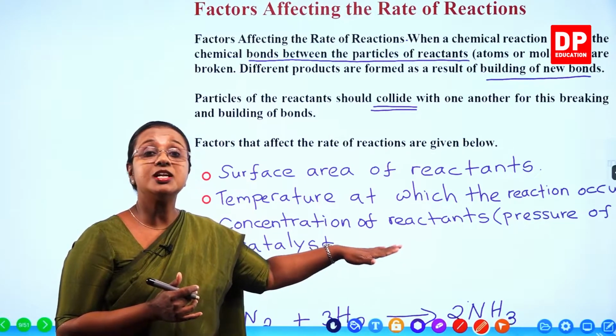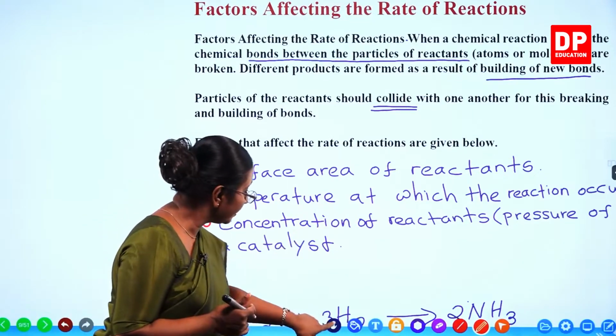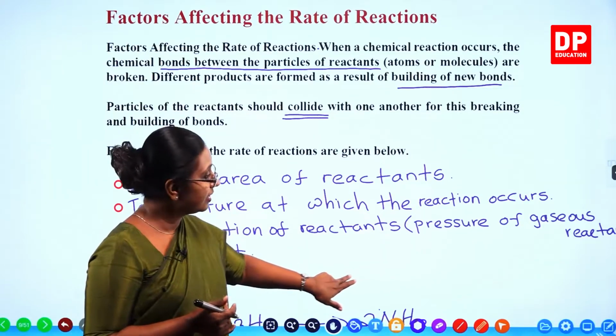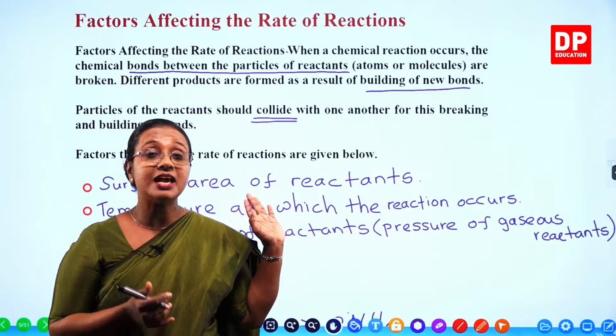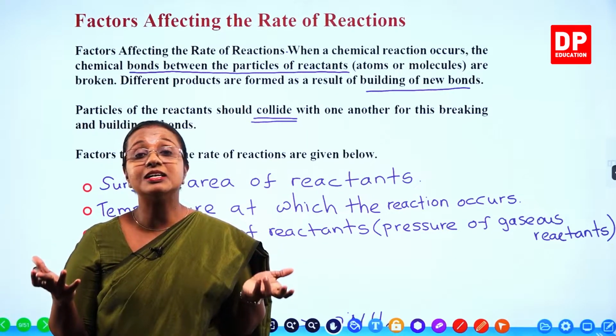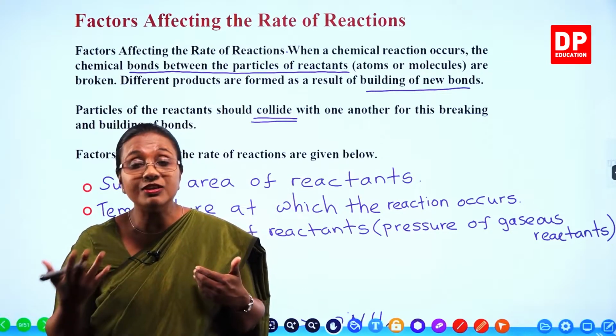Now, this is for solutions. When we say concentration, it's for solutions. But when it is a gaseous reactant, for example, nitrogen gas reacting with hydrogen gas, there we can't calculate the concentration because it's not in the form of a solution. You don't mix it with water.